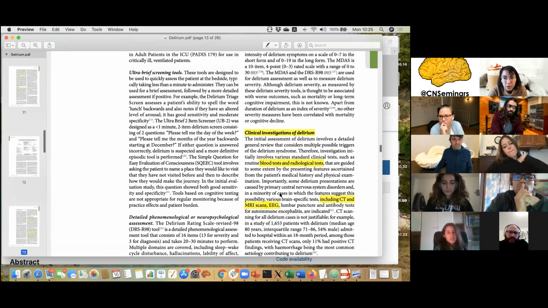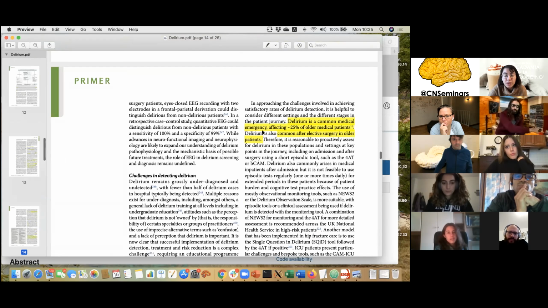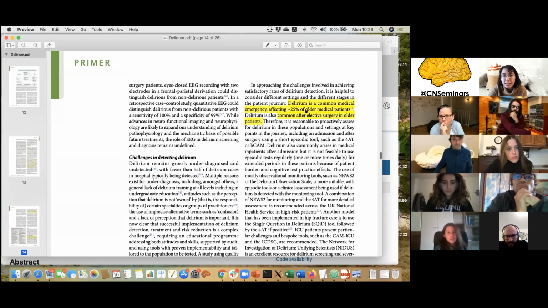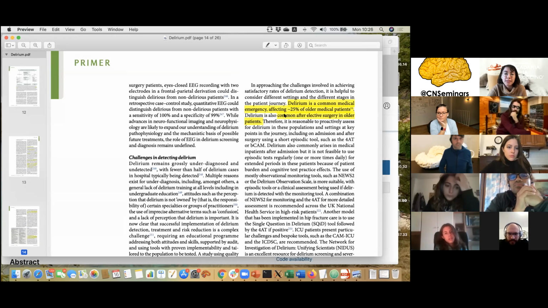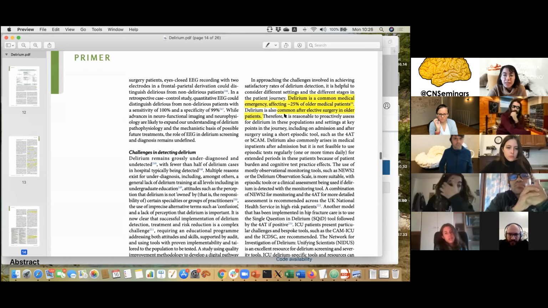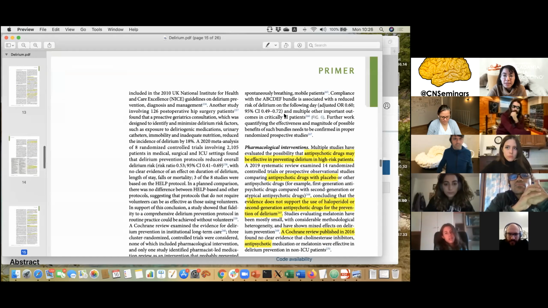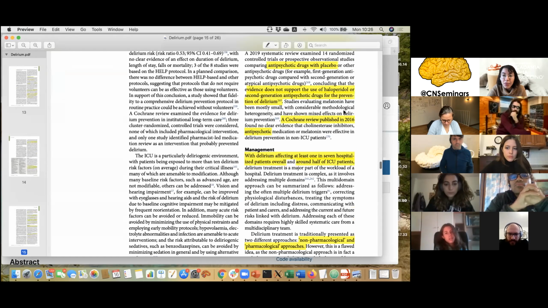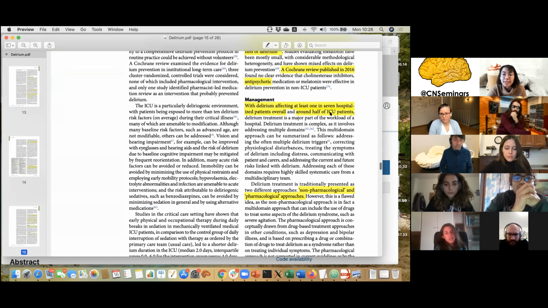And I wanted to point out some numbers, because this is a common medical emergency. You have about 25% of older medical patients that present this delirium manifestation, and around half of patients in intensive care units, and at least 1 in 7 of hospitalized patients overall.